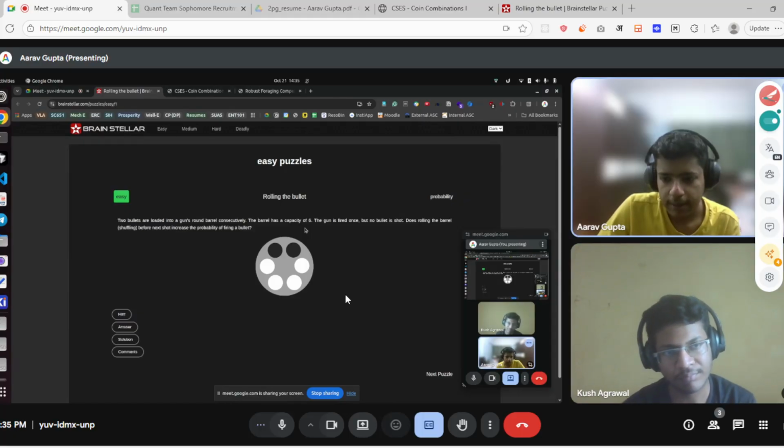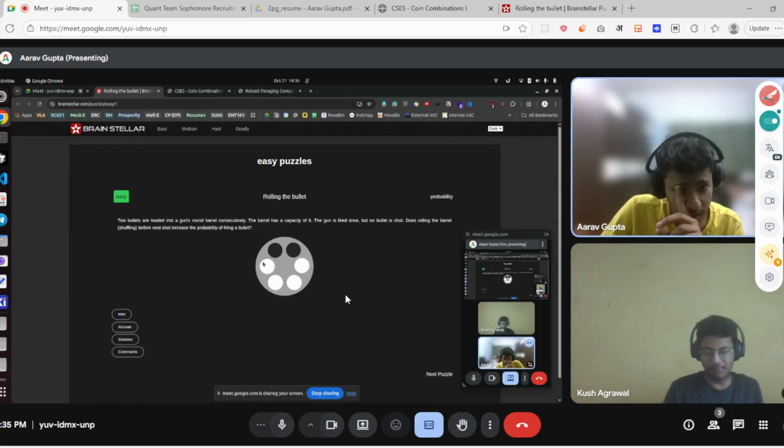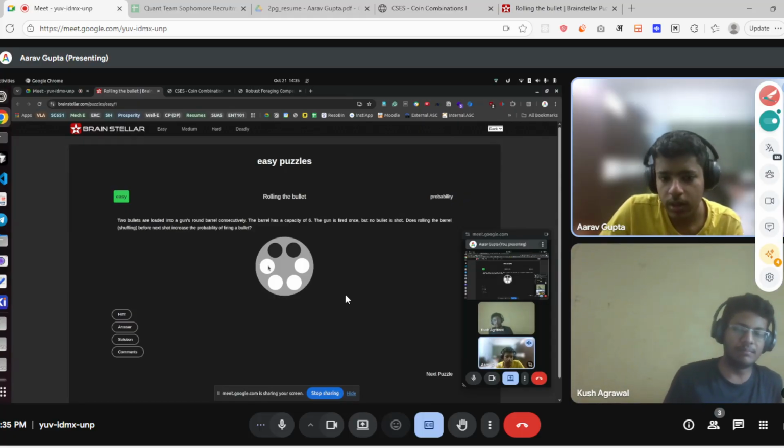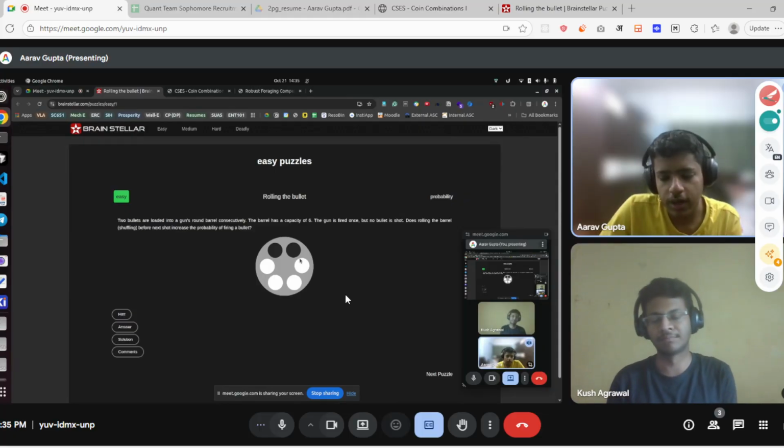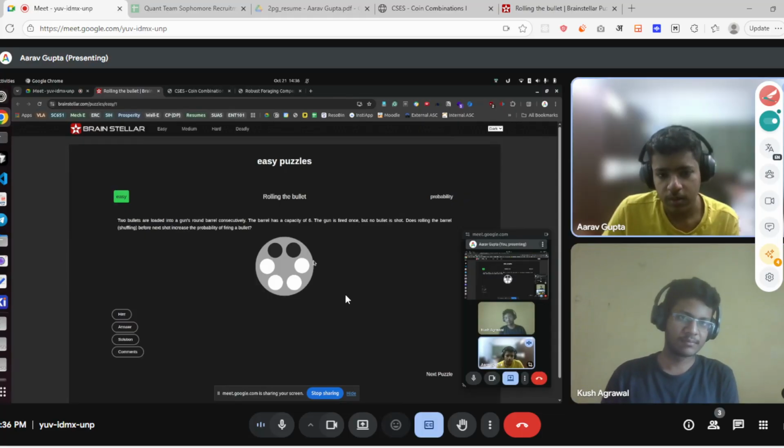Let's say you fire it once, there's no bullet shot. Then you rotate it, you're at a random position, right? So the probability would be the same as before, is what I think.